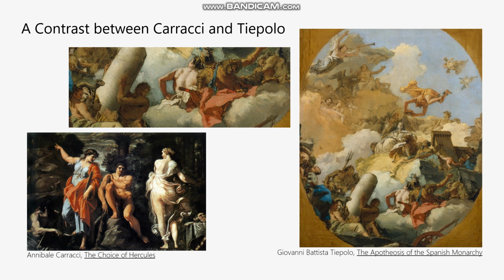So a traditional dichotomy when talking about the Baroque would be to focus on Carracci and Caravaggio. But I'm going to choose instead Carracci compared to a much later Baroque artist, Tiepolo, because I think the contrast gives you a good understanding of this difference between one painter who is very product focused, Carracci, who is very line and drawing focused.